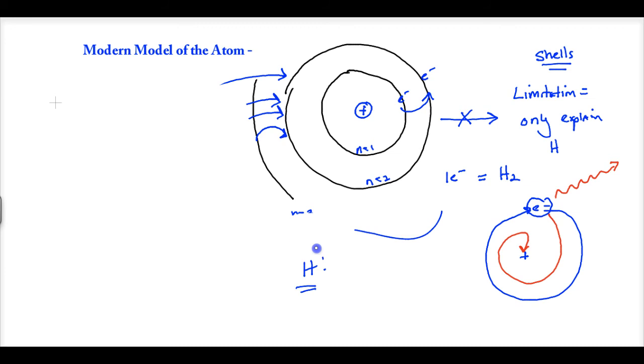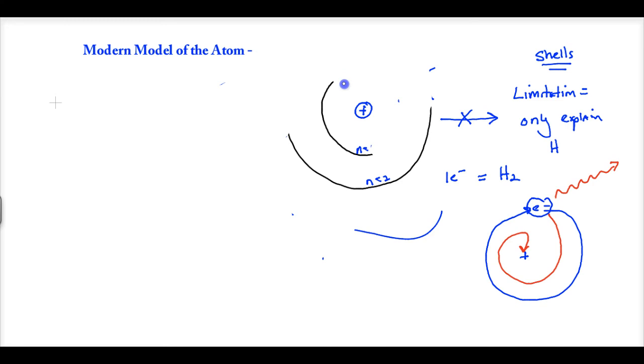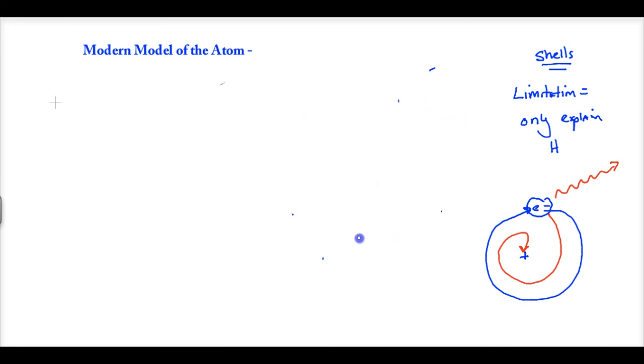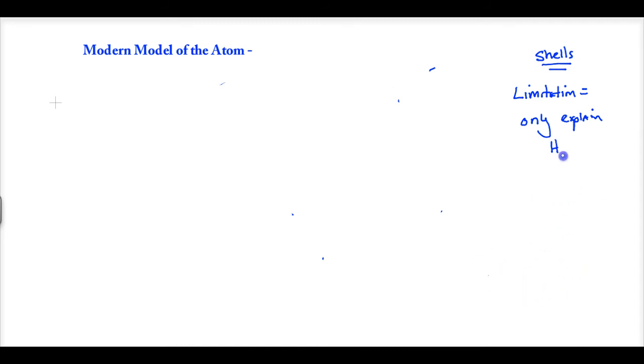Number one, the modern model discovered that electrons aren't particles, as Bohr said. Okay? Electrons actually exist as waves or have large wave properties. Now there are particles, but they actually have a lot of wave properties. So we say that electrons in the modern model can behave with both wave and particle-like properties.